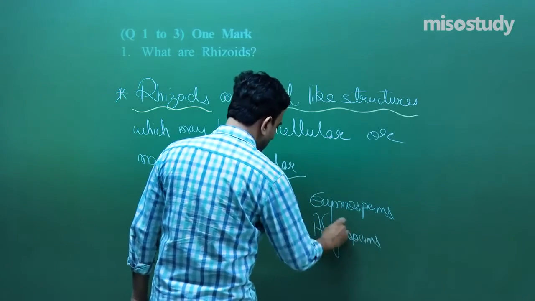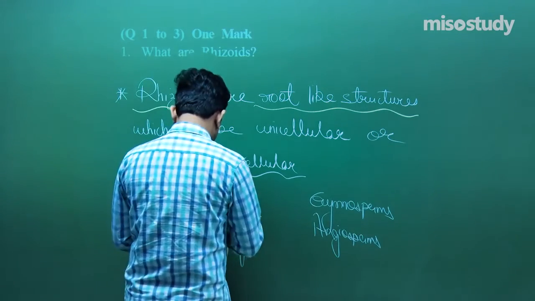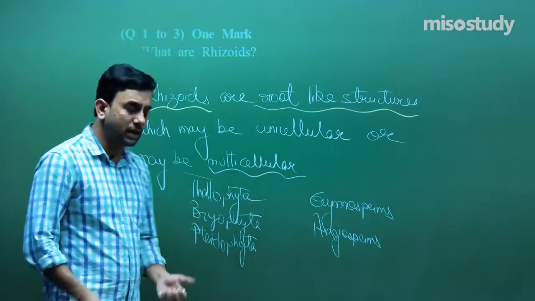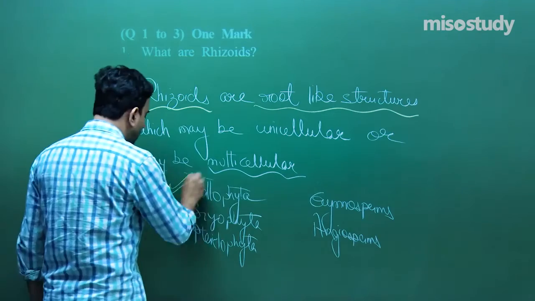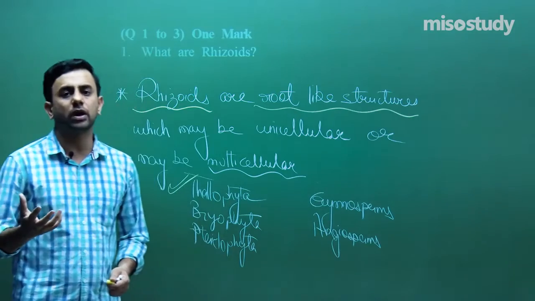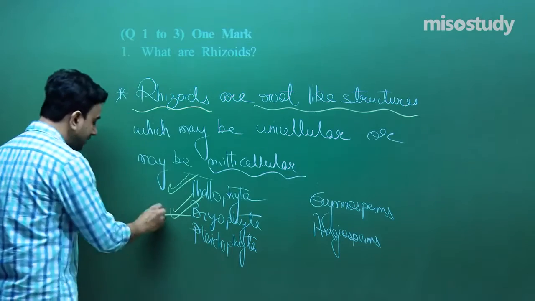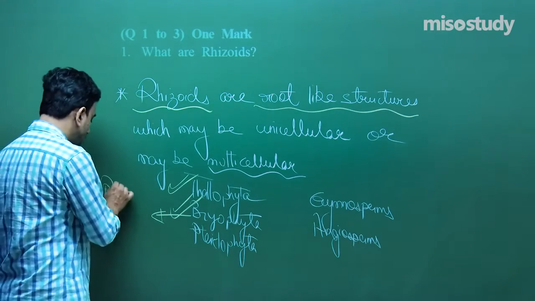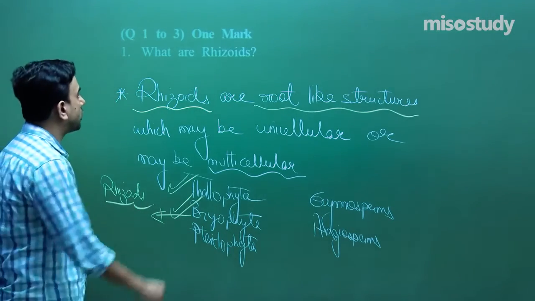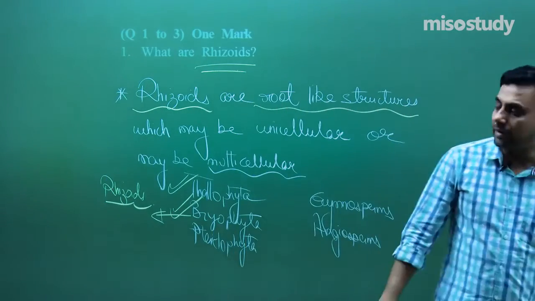The thallophytes do not have a body differentiated into root, stem and leaves. The bryophytes have root like structures called rhizoids, and hence rhizoids are found in the bryophytes.